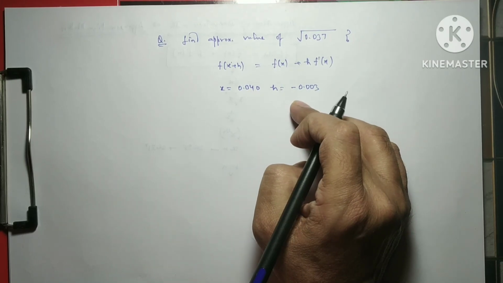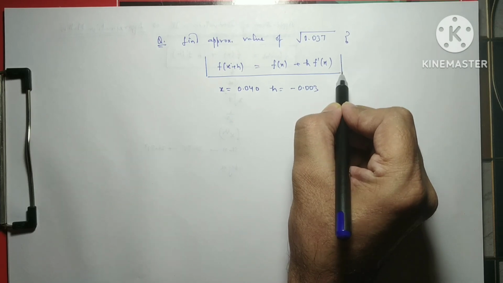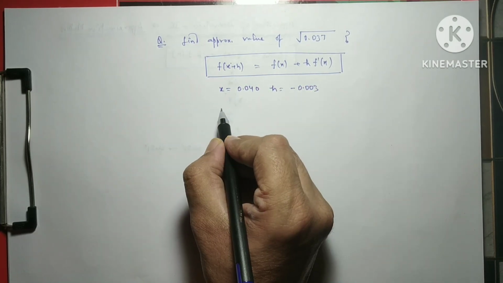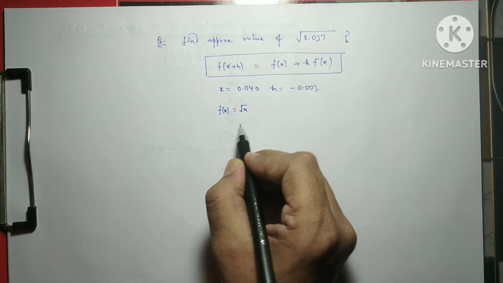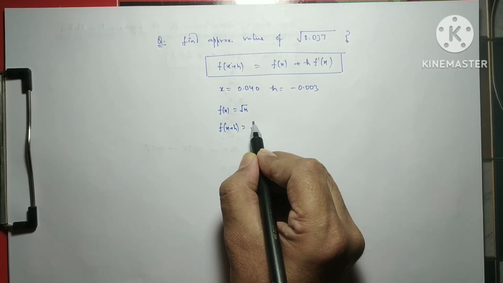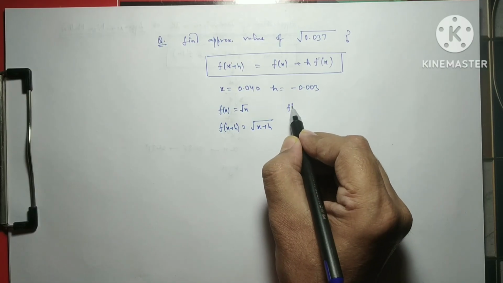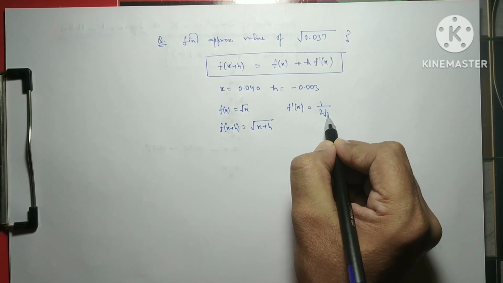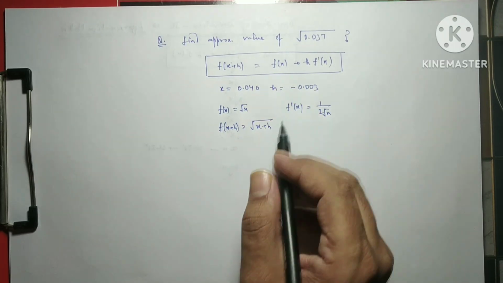So put the value of x and h in this formula. The function is exactly the root of a value. f(x + h) is root of x + h, meaning with variation, and f'(x), the derivative of this function, is 1 over 2 root x. So put these values of x and h in this expression.